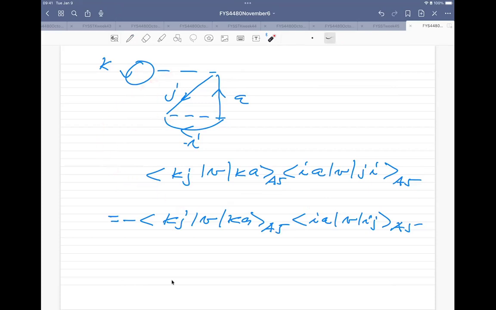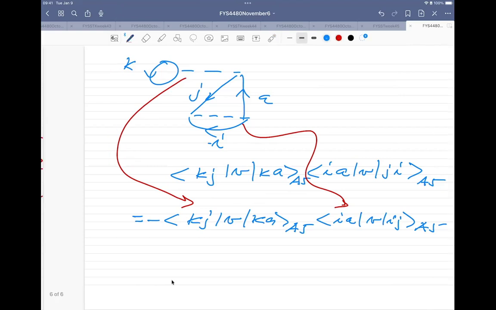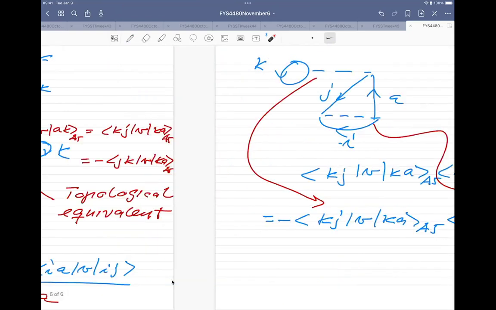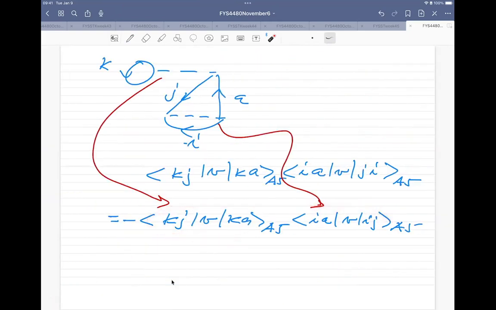I haven't set up any summations, nothing. Now, if I go back to what we set up previously, if you look at this diagram here, the mathematical expression you have for the two interaction pieces is the same as this one, except for a minus sign and the interchange of I and J, J and I, which we have here.